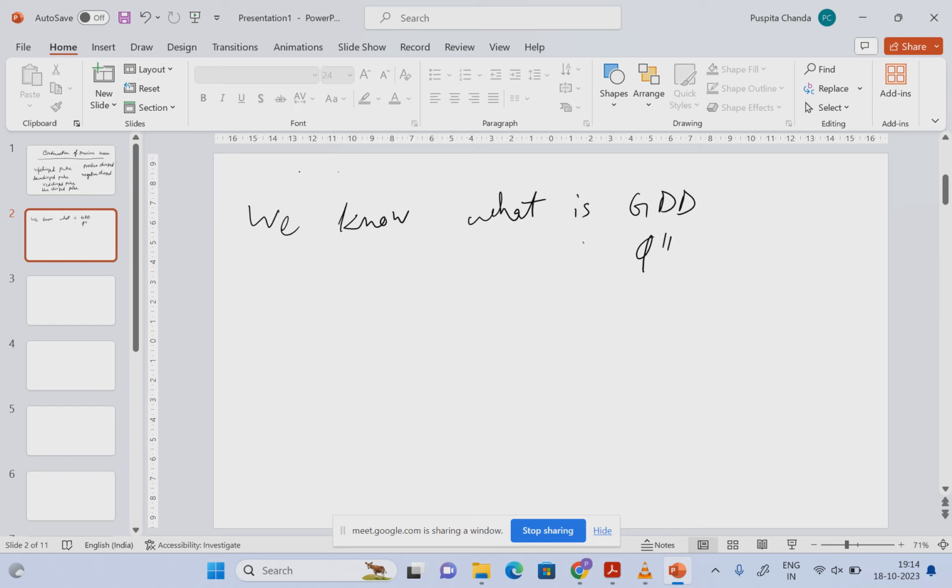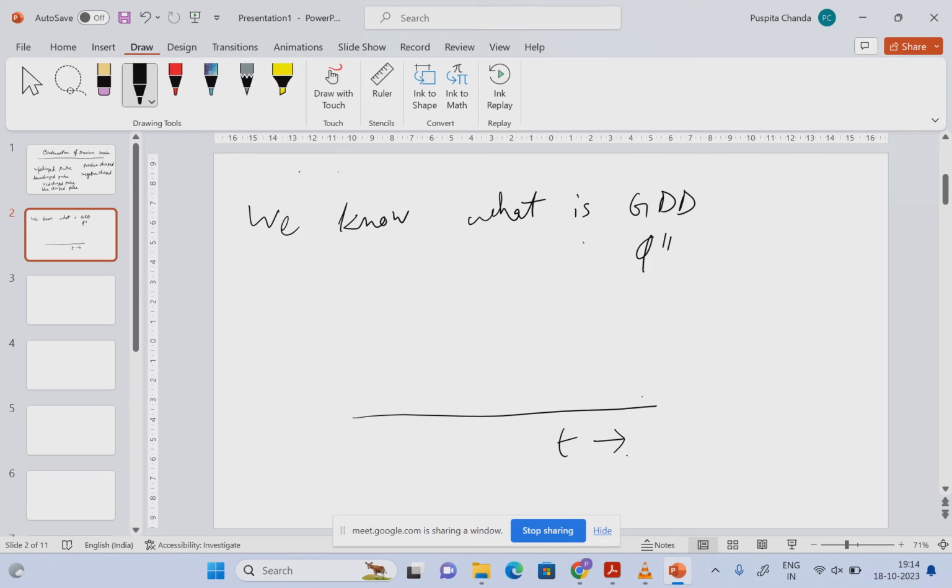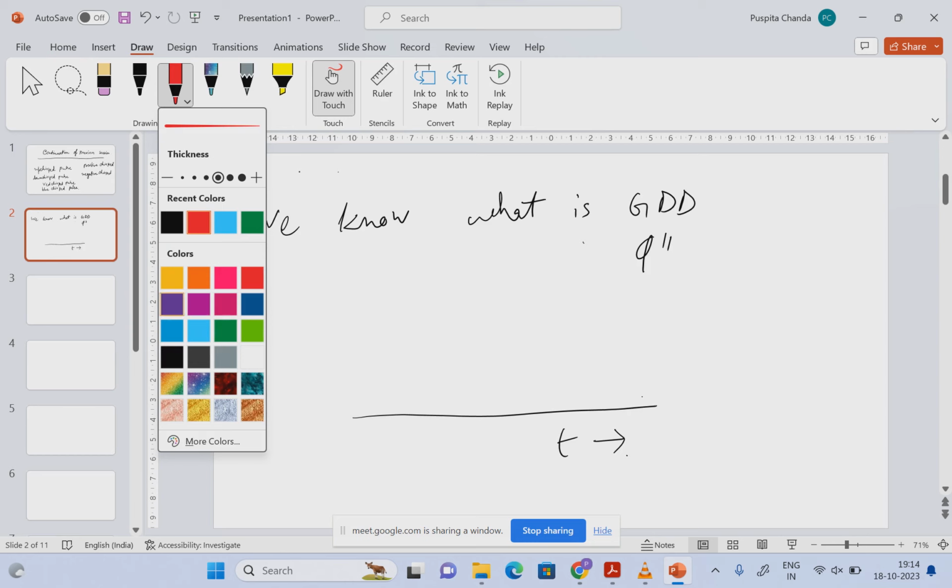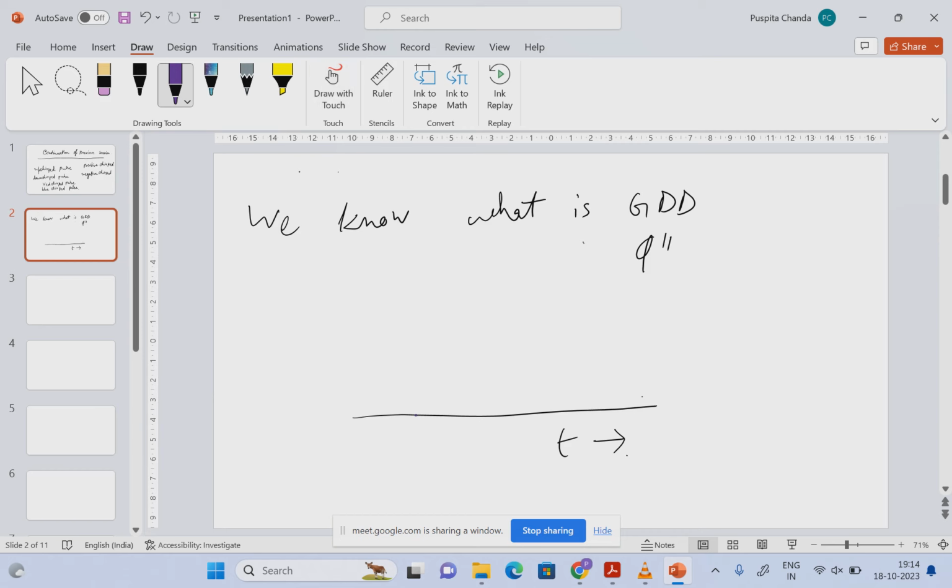So now let me draw a pulse. The pulse can be drawn like this.